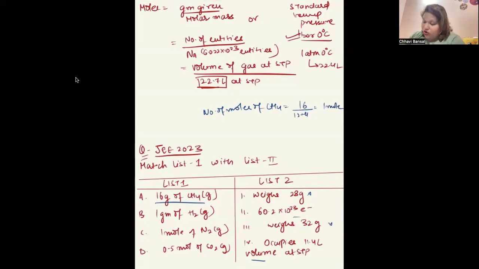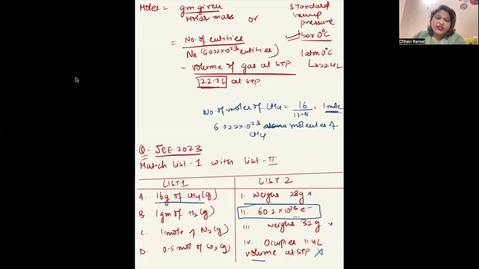And 1 mole does not occupy this much volume, right? So exactly for the first one, 60.2 into 10 raised to 23 electrons. I'll prove it also. Now we have 1 mole of CH4, right? 1 mole of CH4 will have 6.022 into 10 raised to 23 atoms, sorry, molecules of CH4, right?